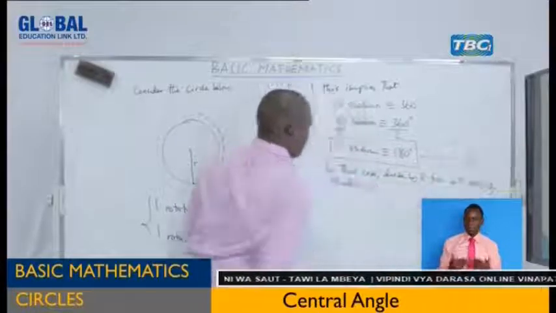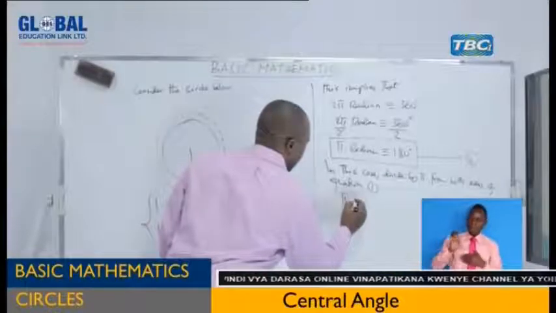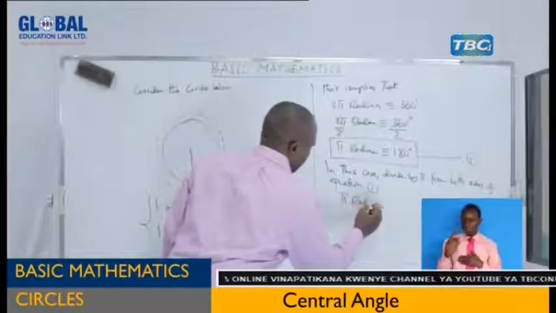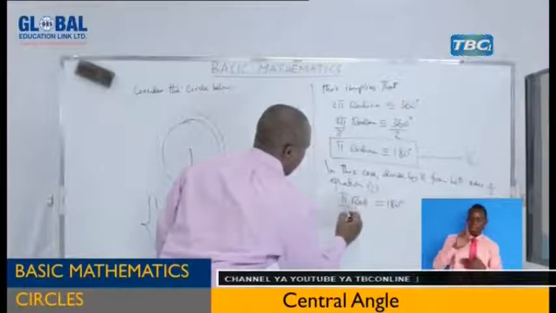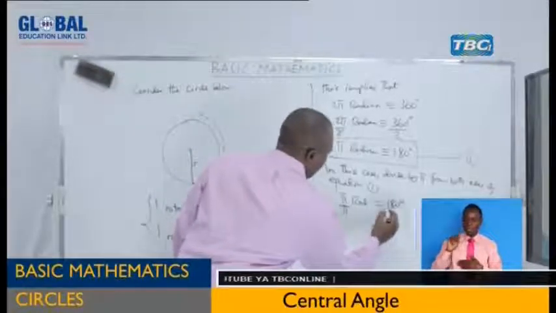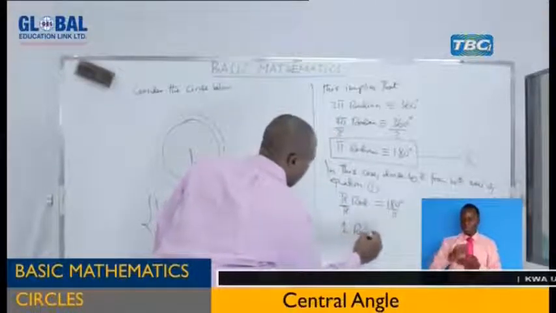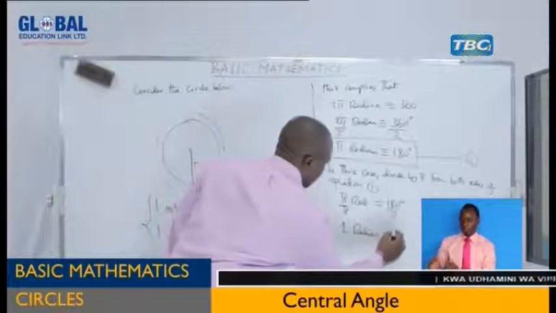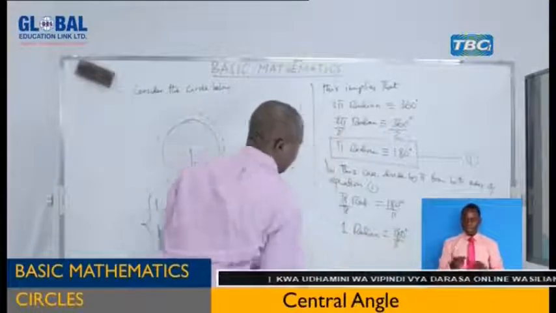This is our equation 1. We have pi radians equal to 180 degrees. So dividing by pi, we have 1 radian equals 180 degrees over pi.